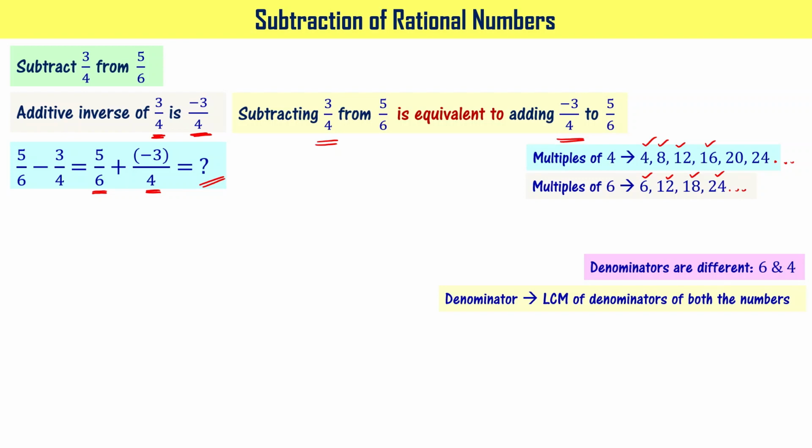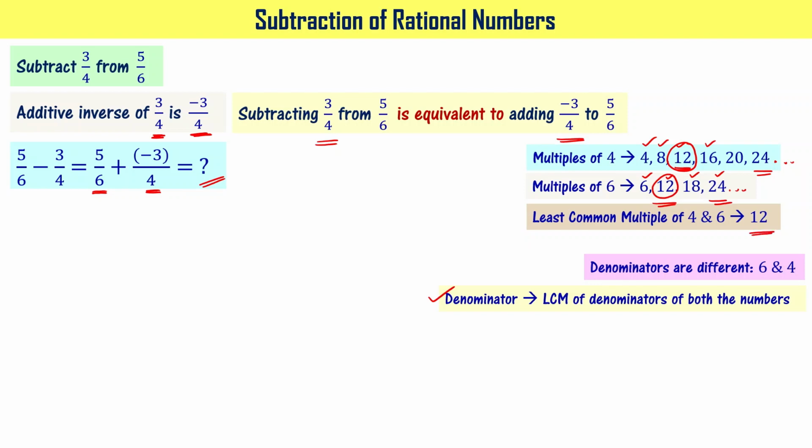Now you see what the common multiple is. 12 is a common multiple, and 24 is another common multiple. But what we want is the least common multiple, that is the LCM. So that is 12. We can say that the least common multiple of 4 and 6 is 12. As per this, the denominator of the resultant number is going to be 12.